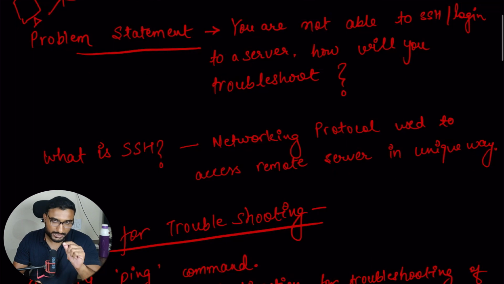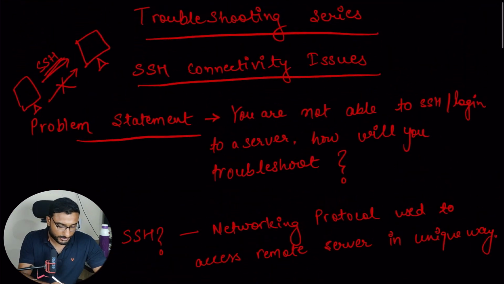Before moving into the actual details of how you will solve it, we should understand what SSH is specifically. As I said, this is your local machine, and this is your remote machine, and you are trying to do SSH, let's say ssh -i keyfile.pem and some IP address.